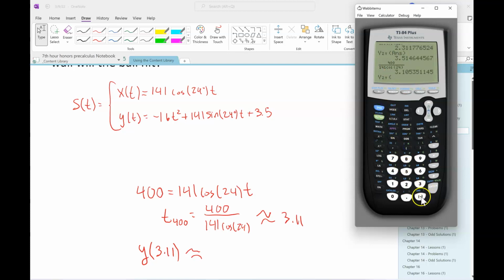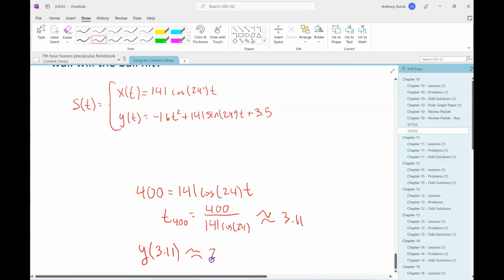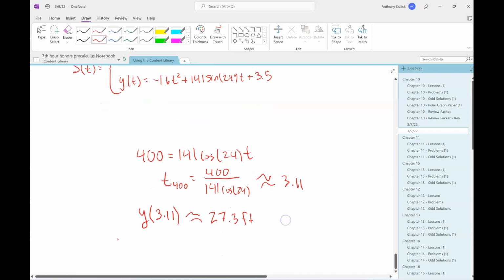So I'll do y2t of that 3.11, and I get 27.3 feet. So we can say the ball clears the fence by 7.3 feet.